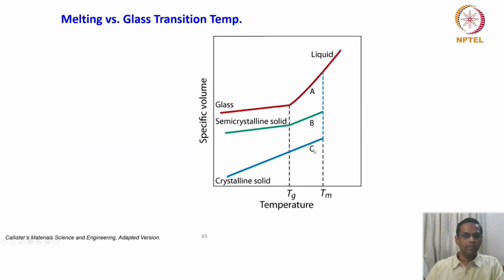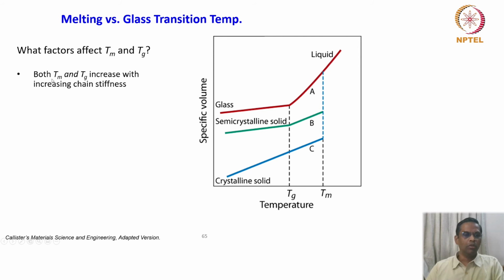And again, what we need to know is what factors affect the melting point and Tg. Both Tm and Tg increase with increasing chain stiffness. When we talk about chain, again we are talking about silicate molecular chain and all that, right?